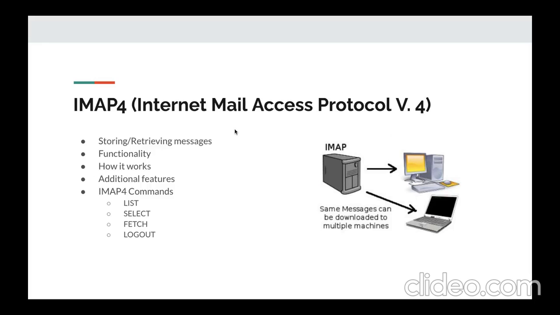Moving on now, we have IMAP4, otherwise known as Internet Mail Access Protocol, version 4. This protocol is an internet standard for storing and retrieving messages from Simple Mail Transfer Protocol, SMTP, hosts. Internet Mail Access Protocol version 4 provides functions similar to POP3, but with some additional features.